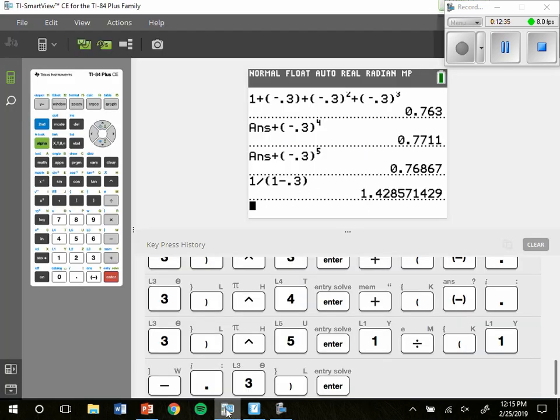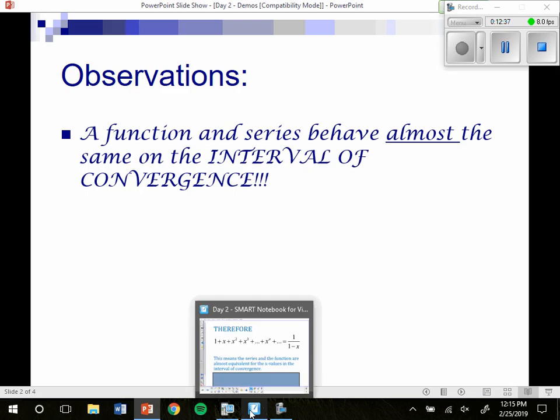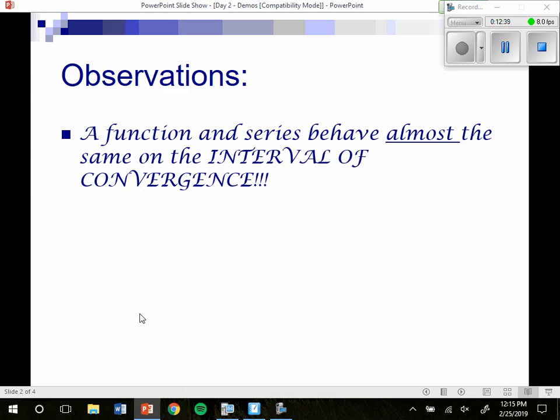Because if our function looks like a over 1 minus r, that looks like 1 over 1 minus x. Does that make sense? So if our function looks like a over 1 minus r, then we can write it as a geometric series.